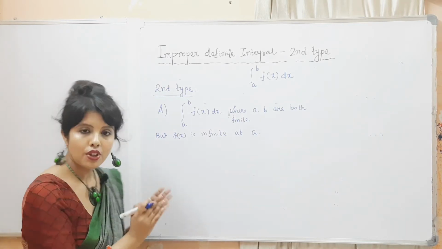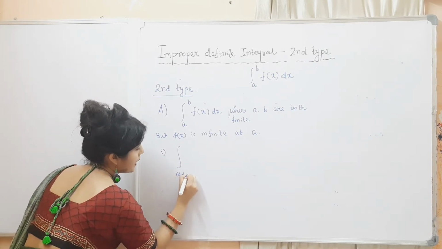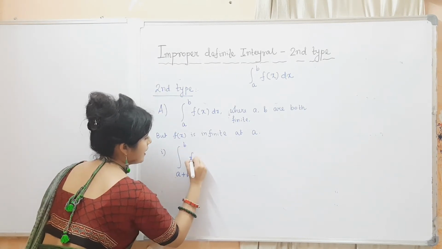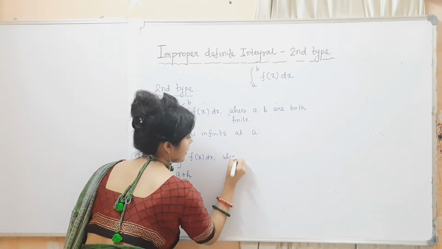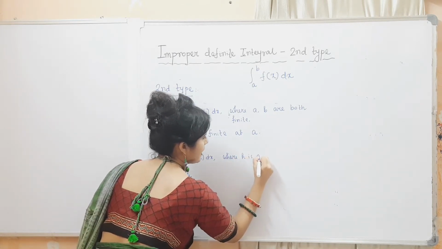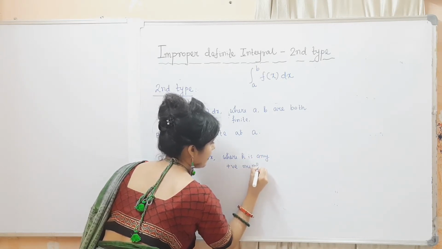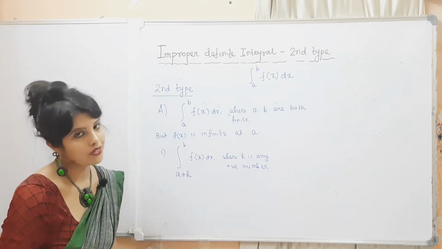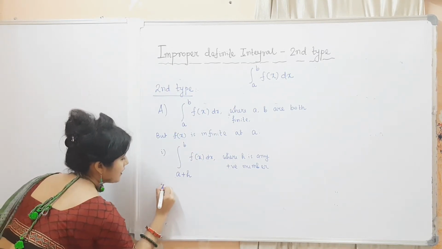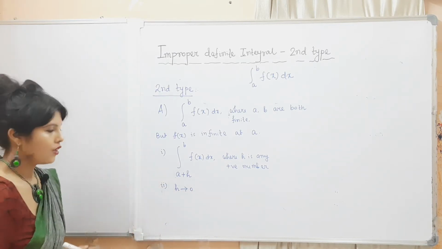So how to solve them? First of all, you have to compute a plus h to b f of x dx, where h is any positive number. Then the value of the integration should be some function of h. So the next step is you have to take h tends to 0.